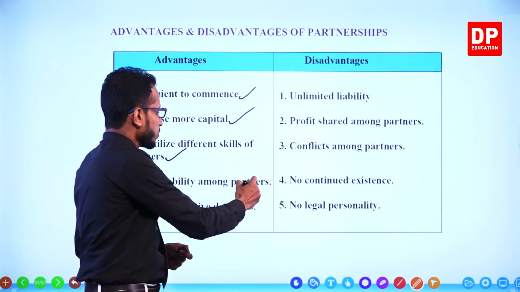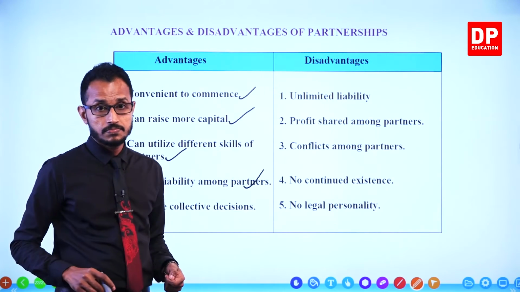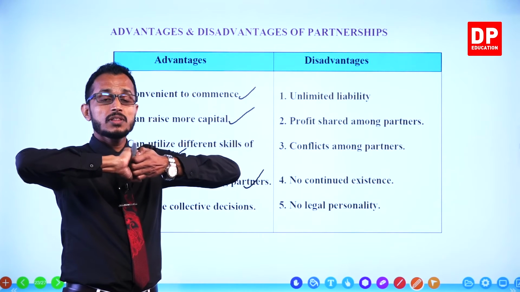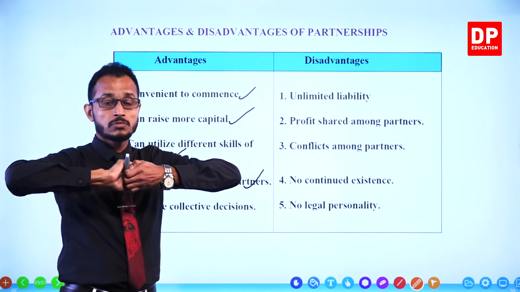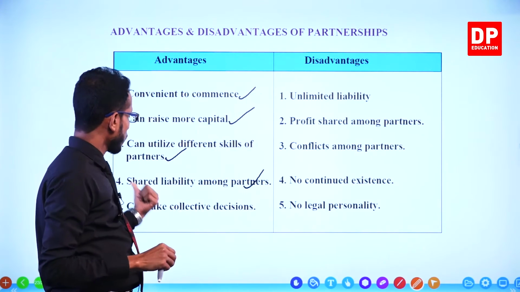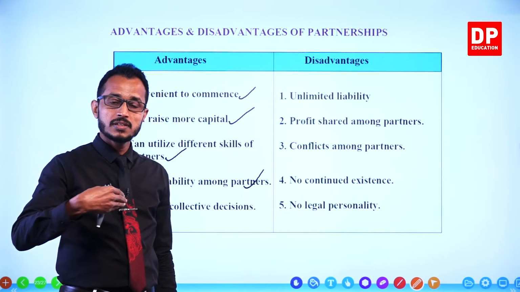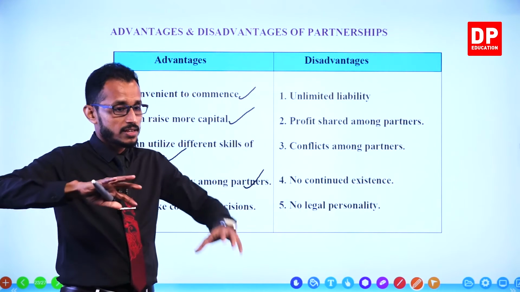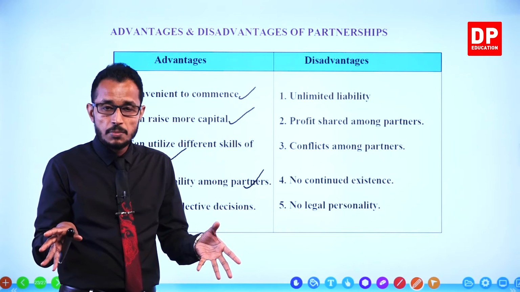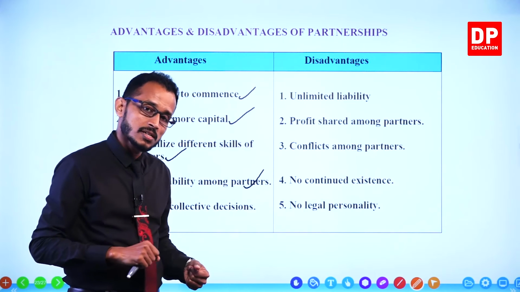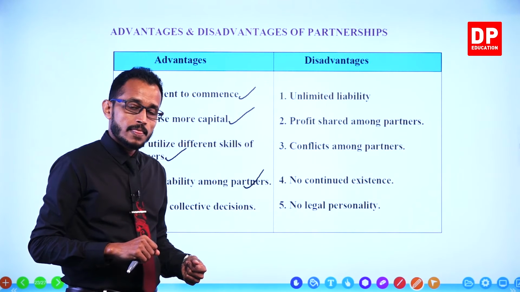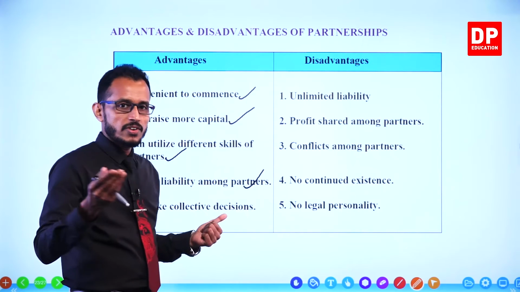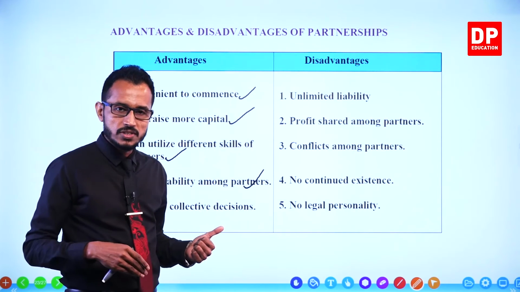Shared liability. A sole proprietor must bear all the liabilities of the business alone. But partners in this business can share the liabilities of the business. These are simple things we have already talked about.